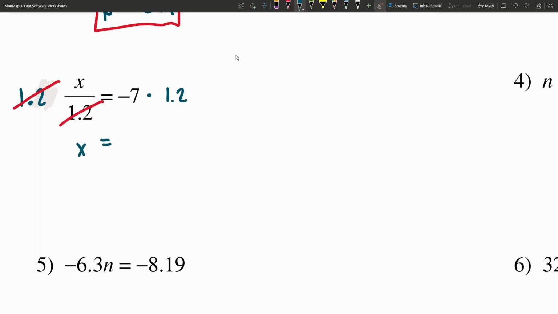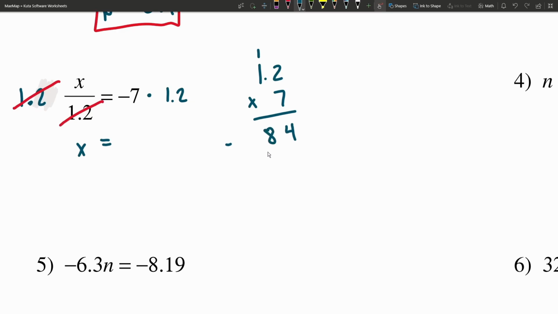And this one isn't too difficult yet, so let's just do it by hand, and later we'll use a calculator. So I'm just going to write this as 1.2 times a positive 7, but a negative times a positive is going to be a negative, so I know my answer is ultimately negative. 2 times 7 is going to be 14, so I'll put my 4, carry over my 1. 1 times 7 is 7, but I've got to add that 1, and that's going to be 8.